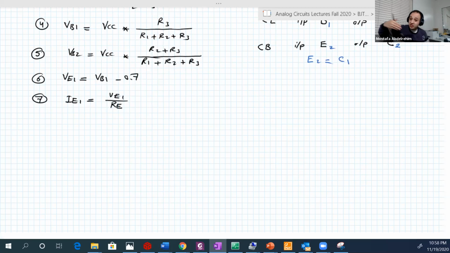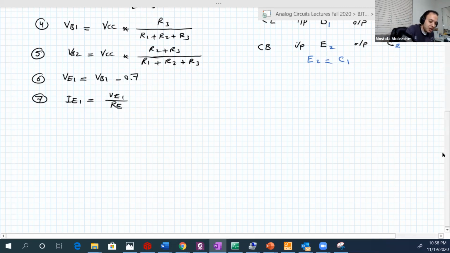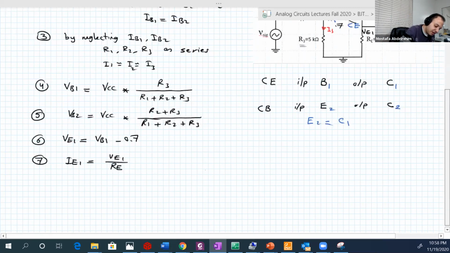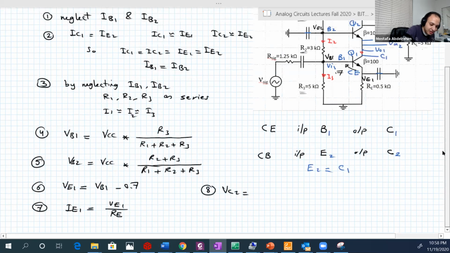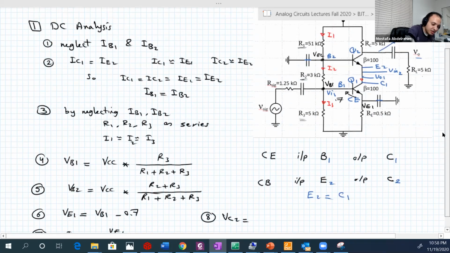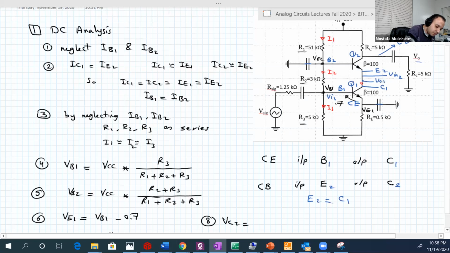If you want to determine VC1 and VC2 to check that you are really in the active region, that's also easy. VC2 first because it's easier. VC2 is equal to VCC minus IC2 RC, so VCC minus IC2, which is equal to IE2, or IE1, I'm sorry, times RC.